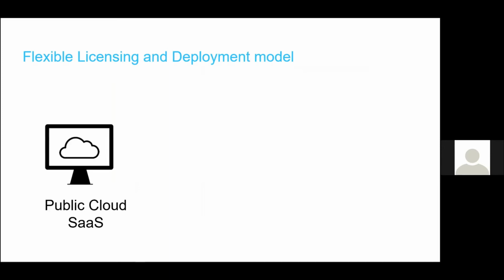While it's flexible in licensing, it's probably even more flexible in how it gets deployed. Acumatica is super unique in this way. It can be a public cloud. That means that Acumatica is hosting. It means that Acumatica is responsible for backups, upgrades, system maintenance, high-level security, that sort of thing.